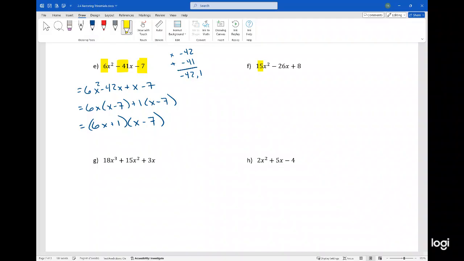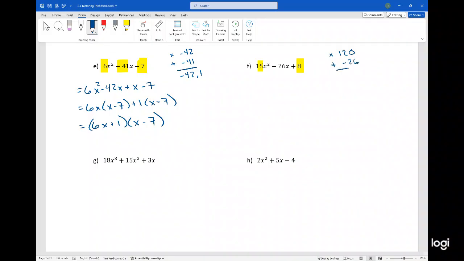This one, 15, 26, and 8. 15 is not divisible by 2. 26 is not divisible by 3. I think we're stuck. So we're going to get larger numbers here again. 15 and 8 multiply out to 120, so we're looking for two numbers that multiply to 120, add to -26.